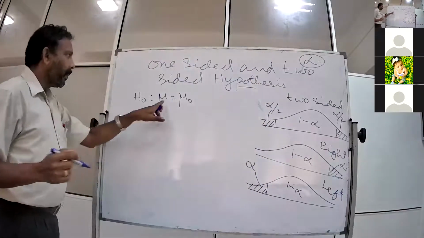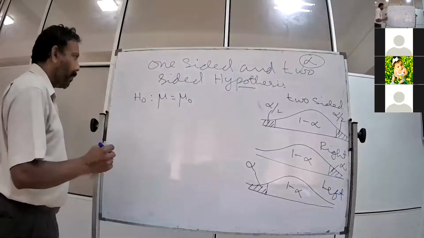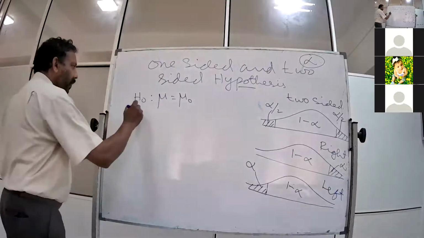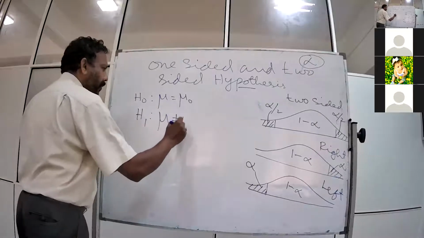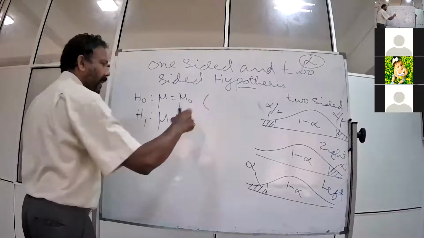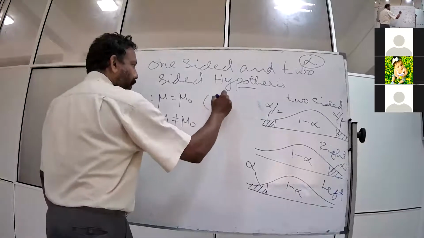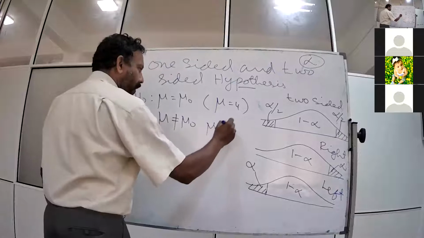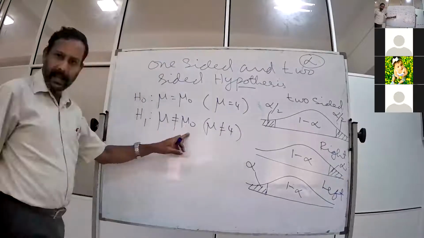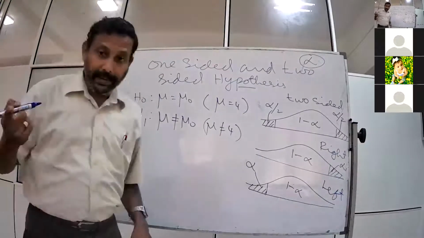So if it is so, my null hypothesis is mu equal mu naught. Alternative is mu not equal to mu naught. So in other terms, in our previous example, mu is equal to 4, or mu is not equal to 4. This is what we want to test in our last week example.